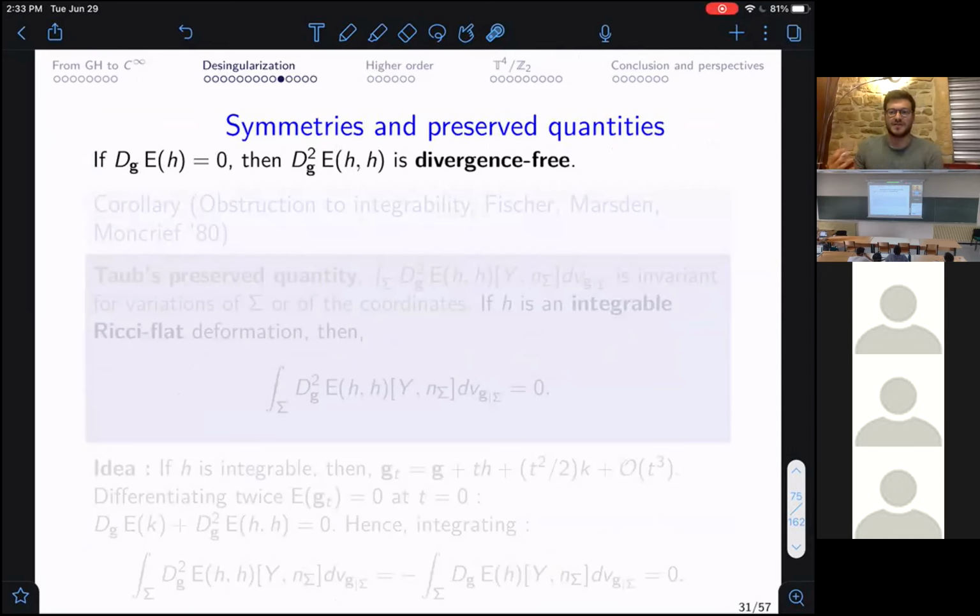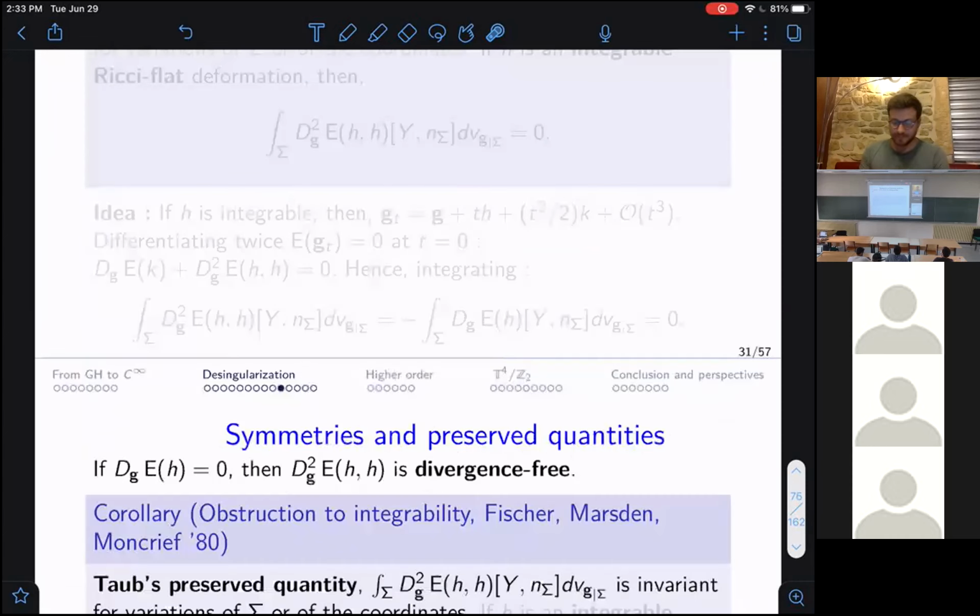Okay, so far there is no link with integrability of infinitesimal deformations. So what's the link? Well, it's here. If you assume that you have an infinitesimal deformation, then the second derivative is divergence free.